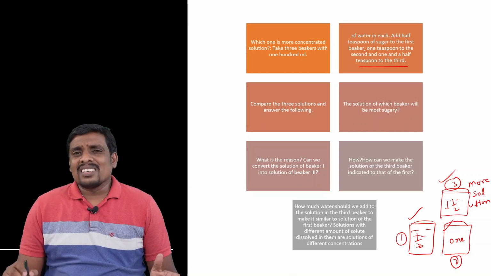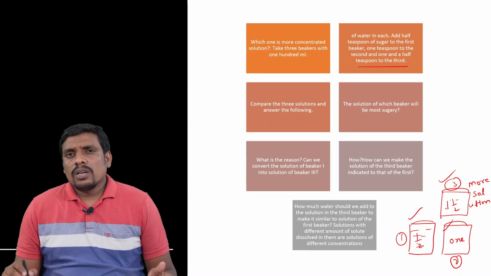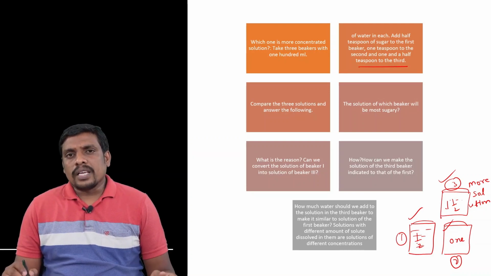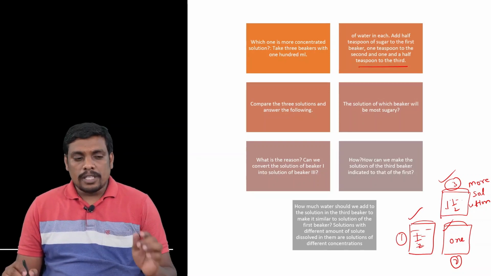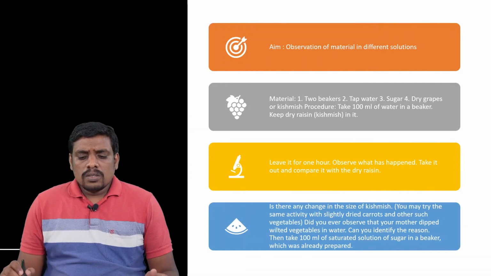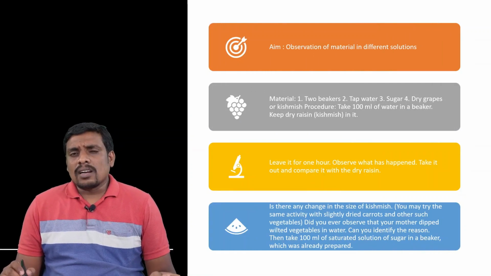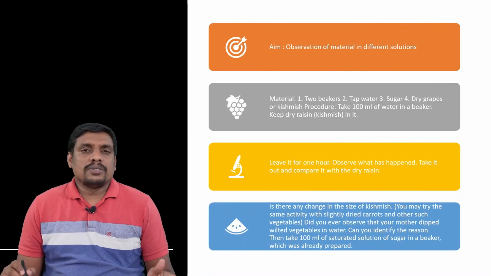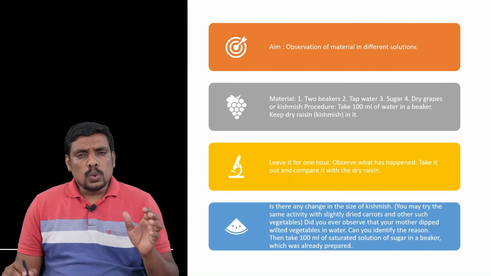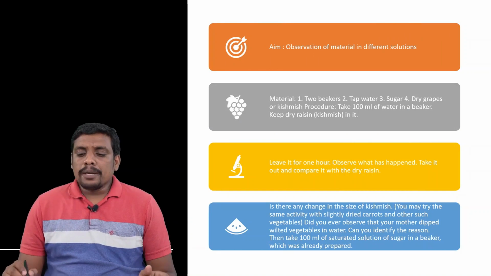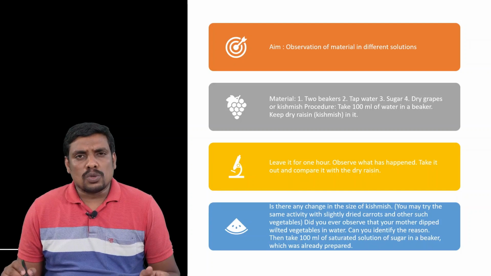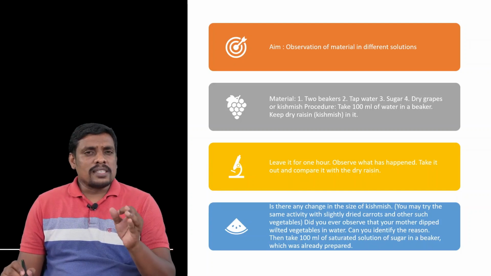The concentration is because of the sugar we are adding in the water. Remember this point. Then, to understand the concept of concentration, let us do an experiment. Our aim is observation of materials in different solutions. So that is our experiment.